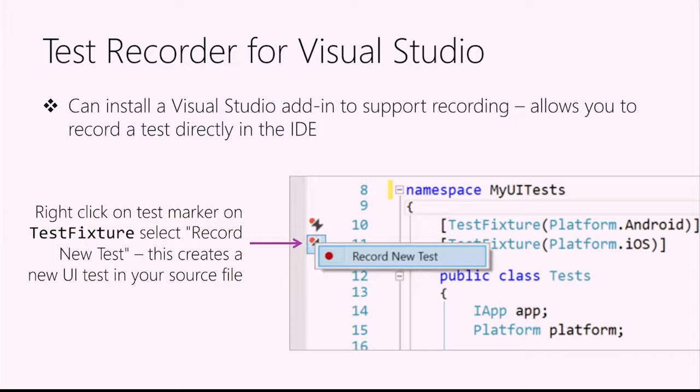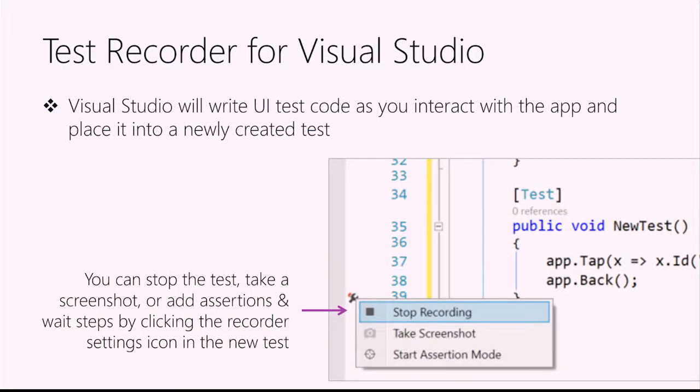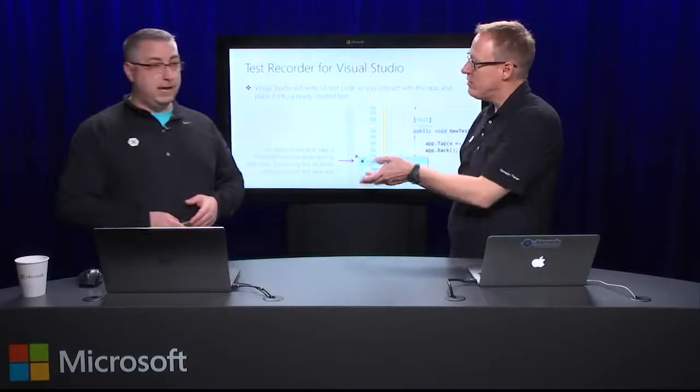So in Visual Studio, there is an extension, and you can see here we can just record a new test right in our test project. And this is really cool. I'm going to show you a demo of this. It's going to just insert our test code right in Visual Studio. That's really cool. And record it. And so who would typically do this?